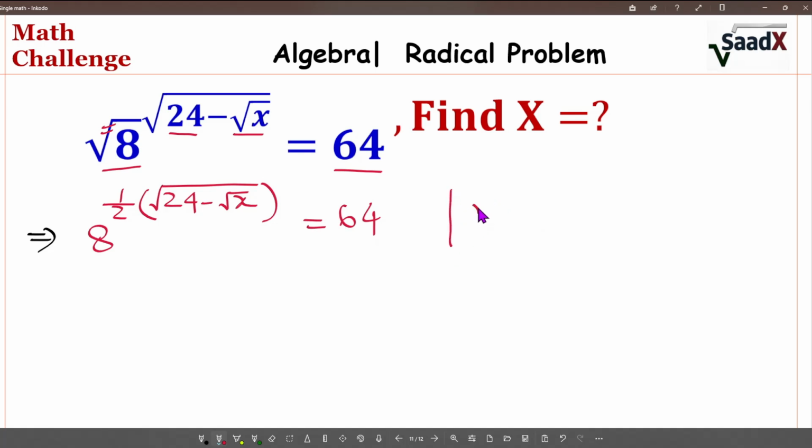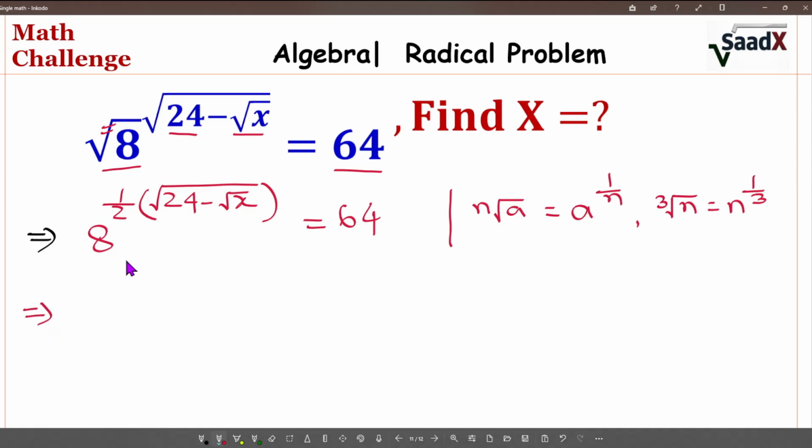We know the nth root of a equals a to the power 1 by n, right? That means if it is the cubic root of n, we can write n to the power 1 by 3. Similarly, here is a root sign, we are omitting this one, therefore the power will be 1 by 2.